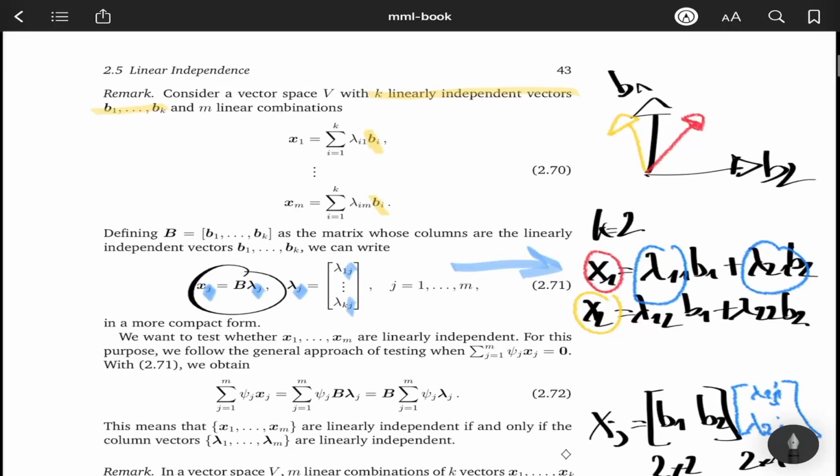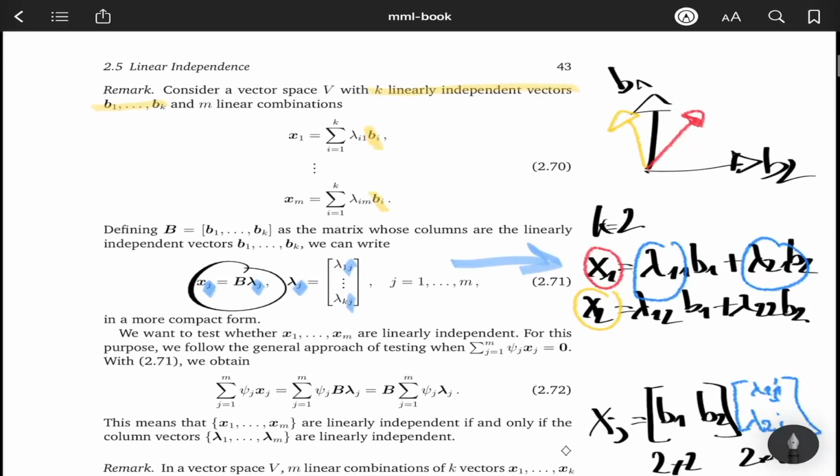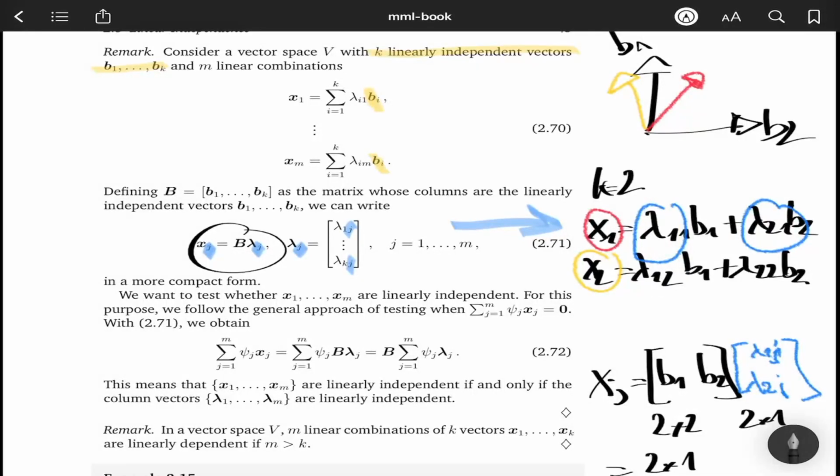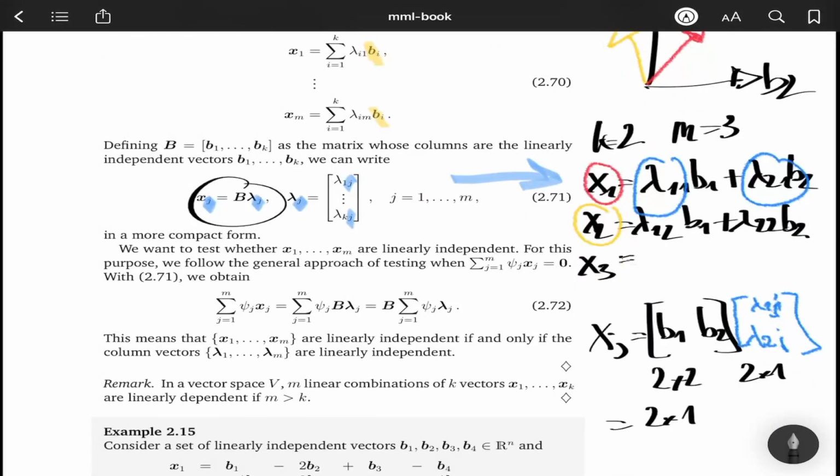And we will also have, how many linear equations do we have? Linear combinations? M different combinations. Oh yeah, that makes sense. So if we say m is 3, then we could actually have another one. We could have lambda 1 3 b1 plus lambda 2 3 b3.